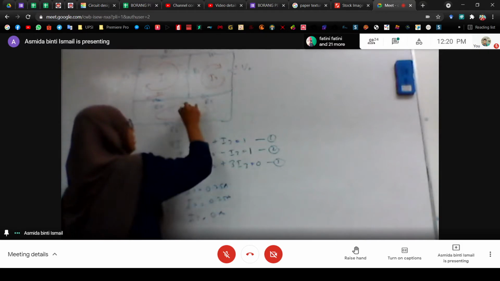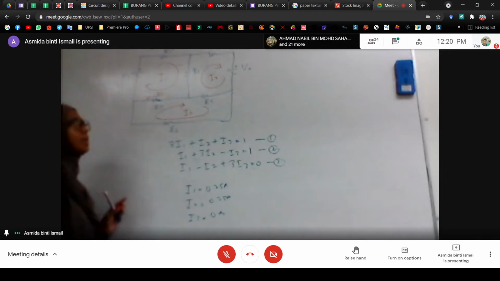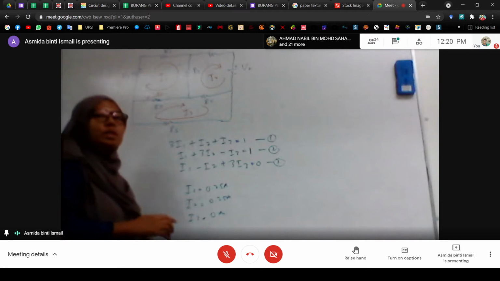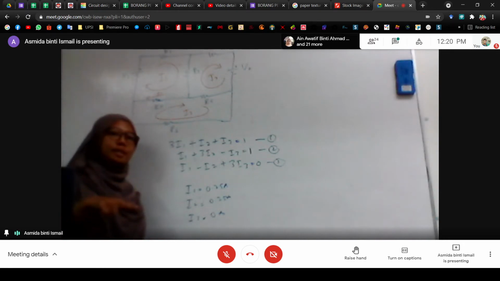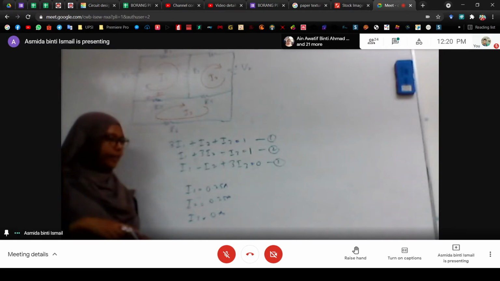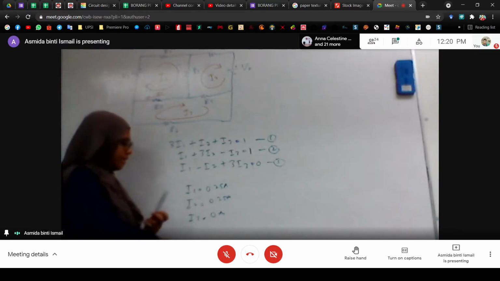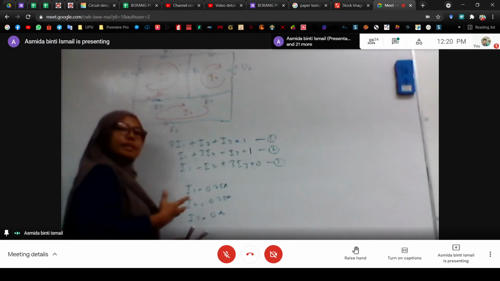This is I2. You need to change the direction of the current. Okay, so if you change the direction of the current, you will get the same answer.